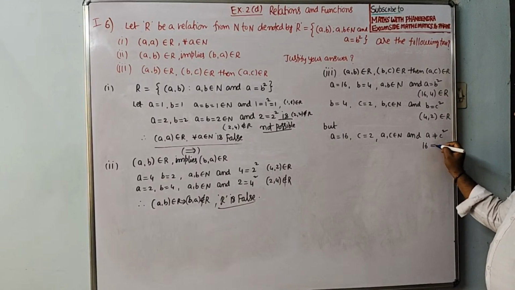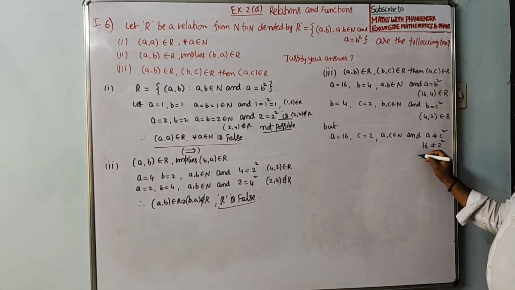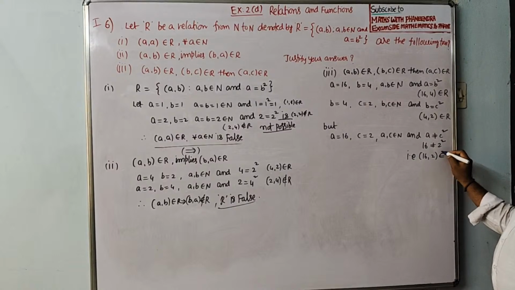Clearly, 16 is not equal to 2 square. That is, (16, 2) does not belong to R.